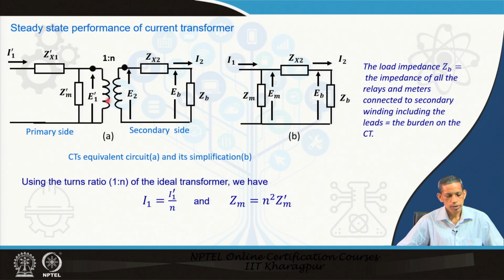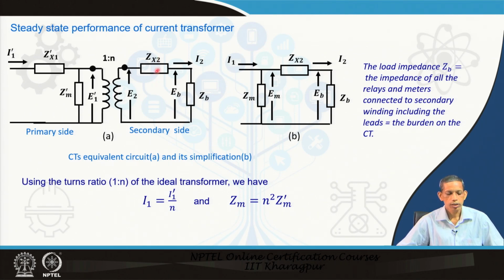So, this is the primary side and this is the secondary side. In the secondary side we have the burden, and this burden impedance or resistance, as already mentioned, is the impedance of all the relays and meters connected to the secondary, plus the corresponding lead impedance, and that is the total burden to the CT.